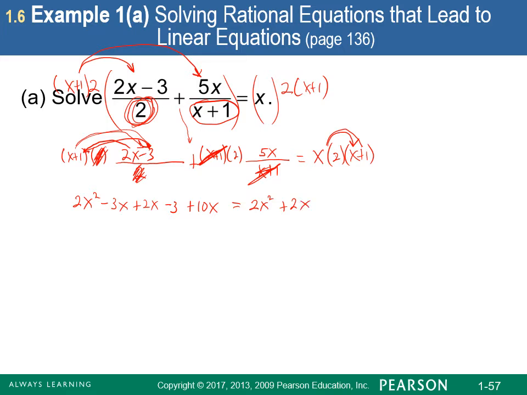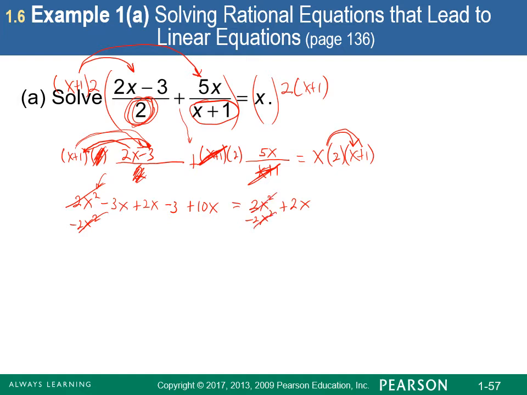Now it's just a matter of recognizing that we do have a quadratic, and so we'll get all of the terms on the left-hand side. That's our plan for solving a quadratic. So if we subtract the 2x squared from both sides, they disappear altogether.